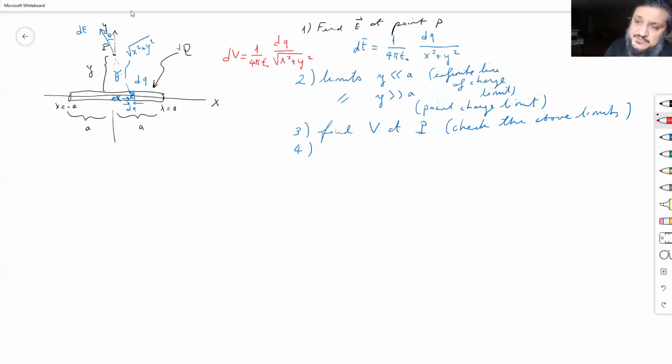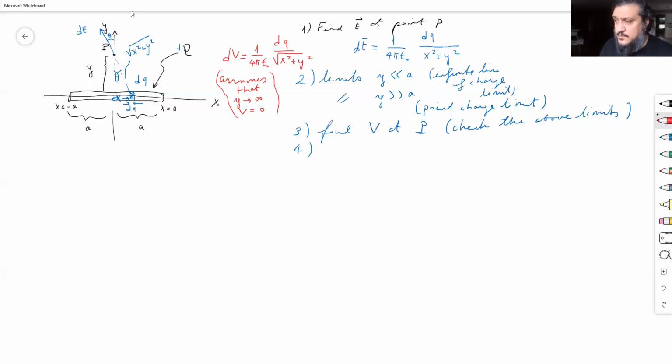Now this assumes, of course, that when y goes to infinity, V is 0. All right. We're going to come back to that point later.